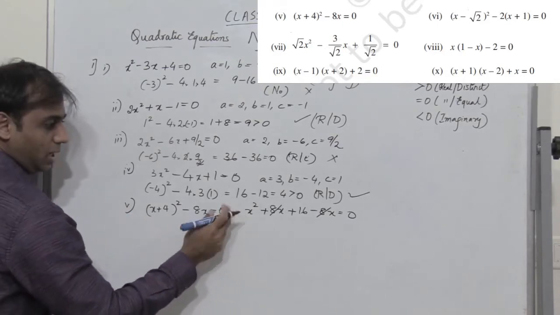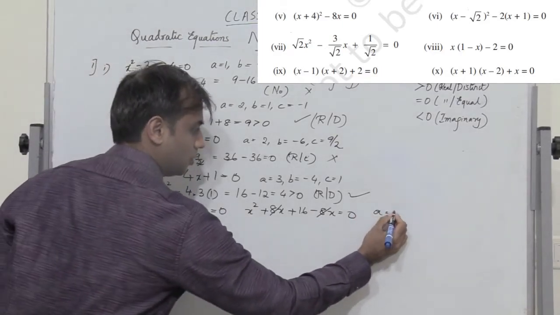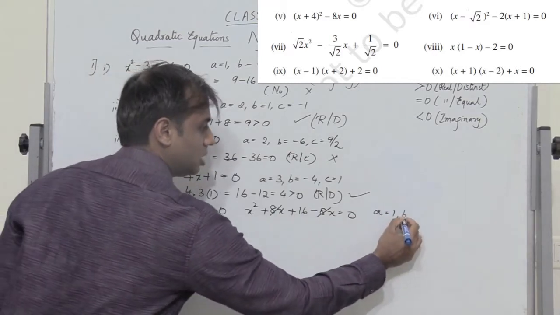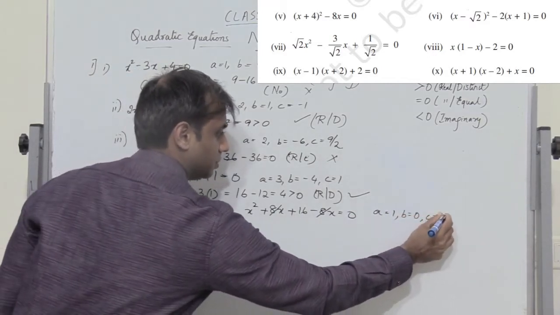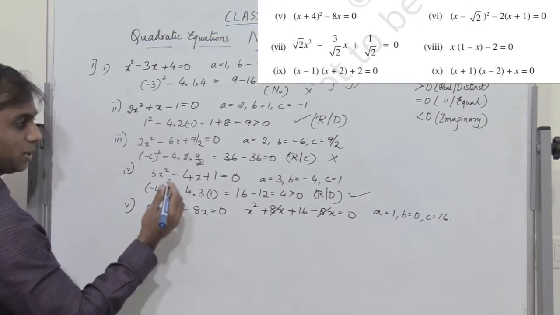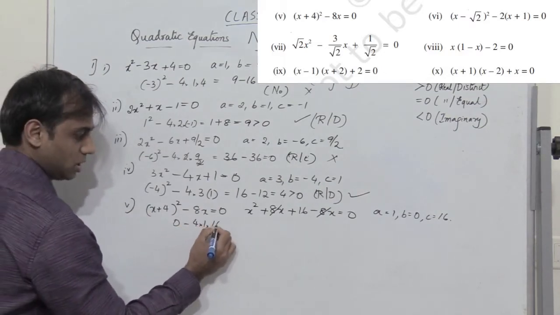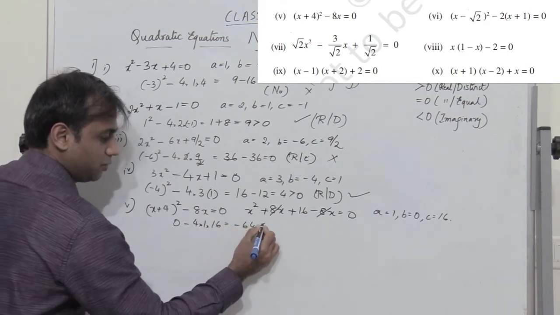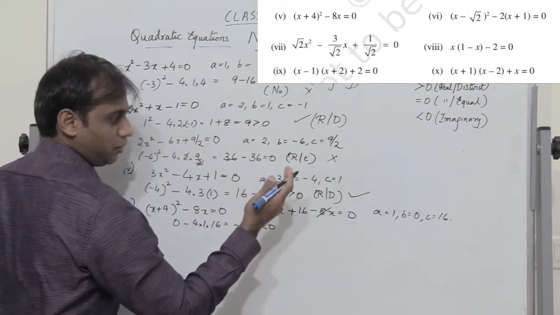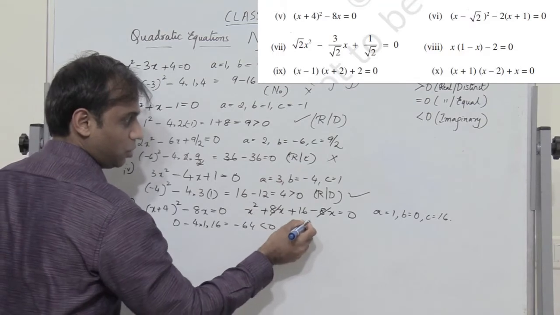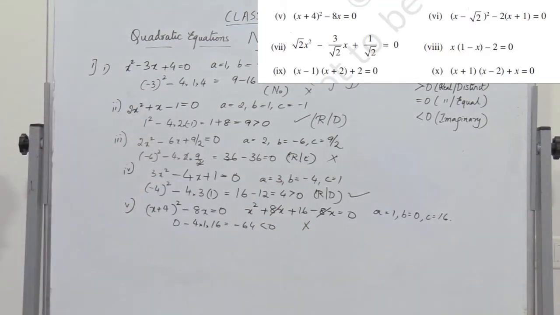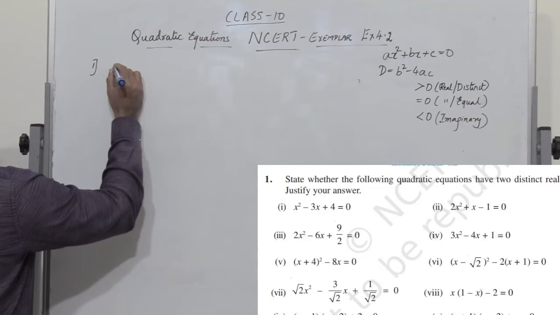So here what is a? A is 1, coefficient of x square, b is 0 and c is 16. So b square minus 4ac, 0 minus 4 into 1 into 16, which is minus 64, less than 0. So therefore the roots are imaginary, so therefore they are not real and distinct.